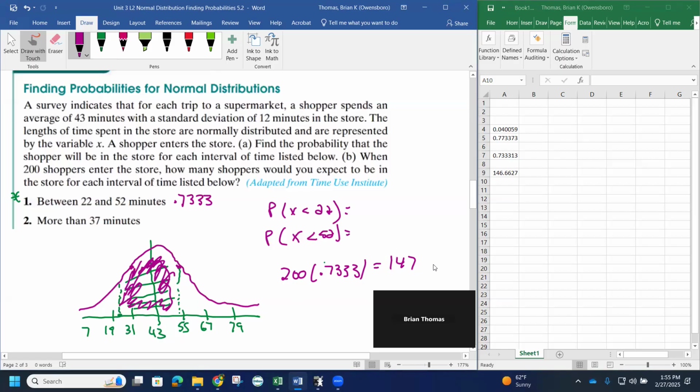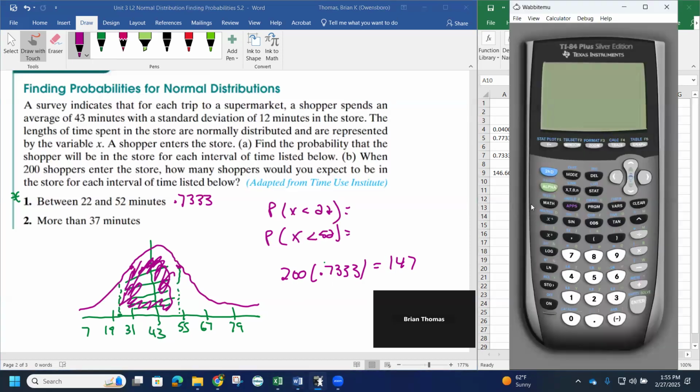Now, again, if we want to use the calculator, let's see if we can pull that up here. Let's see if we get this thing to turn on. I can do second distribution, normal. Notice that my lower bound would be the 22, the upper bound would be the 52.